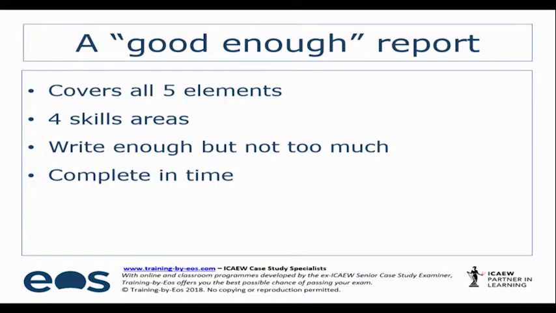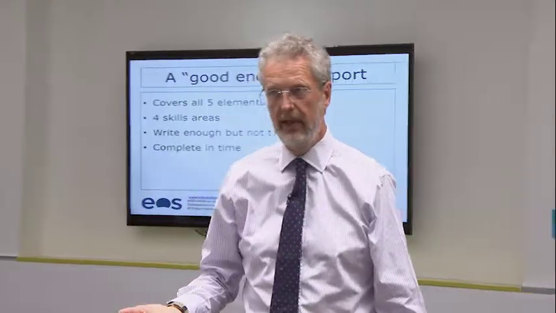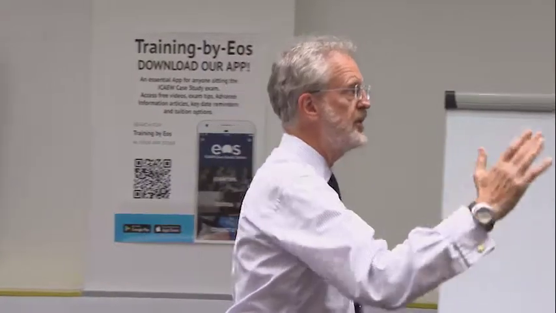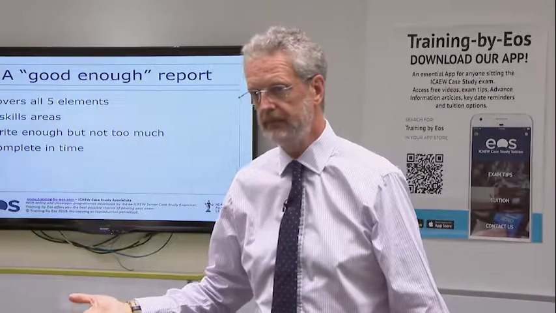Again, easy to write lots about what you know a lot about or what you're comfortable writing about. Okay? But that skews your report so it's not balanced across the 5 elements. And then clearly you've got to complete it in time.